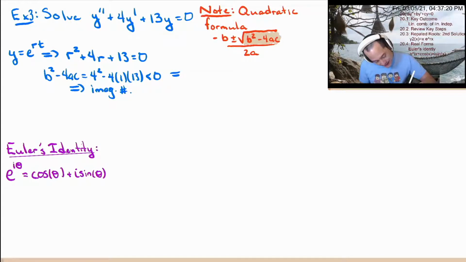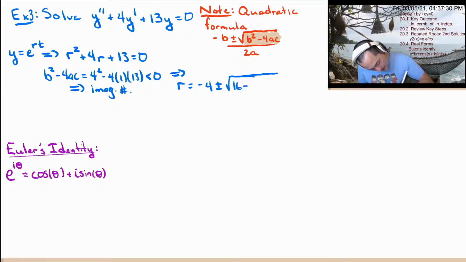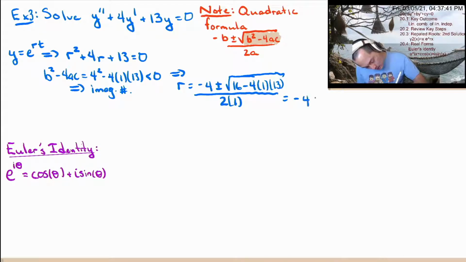And so let's write it out here. I get r is equal to negative 4 plus or minus the square root of 16 minus 4 times 1 times 13, all over 2 times 1. So I get negative 4 plus or minus the square root of, 16 minus, 4 times 13 is 40 plus another 12, 52. And then 16 minus 52 is negative 36 under that square root, divided by 2.